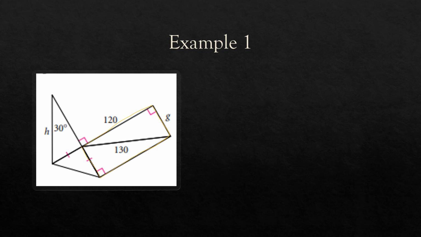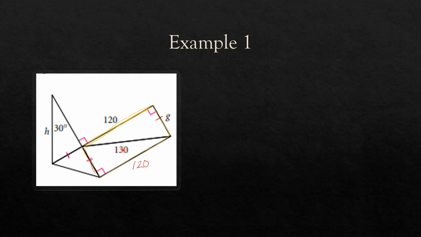That means that I can say that if this side is 120, then the other side is also 120. And if this side is G, then it is the same as over here. So at least I can mark that this is congruent to these two over here. I see this triangle right in here, and I have 2 sides.